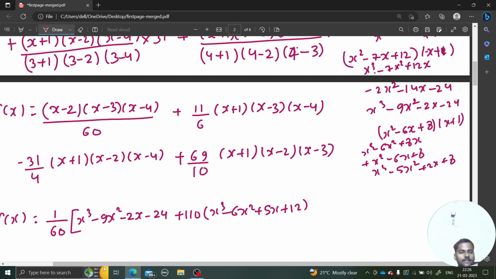And this will be multiplied by 31 into 15, which is 465 with a negative sign. So minus 465 times x cube minus 5x square plus 2x plus 8. Okay.